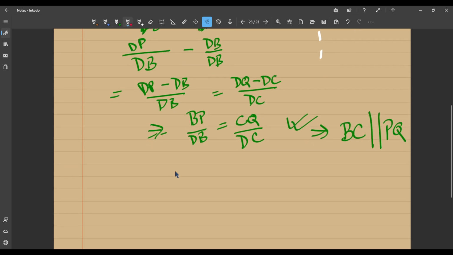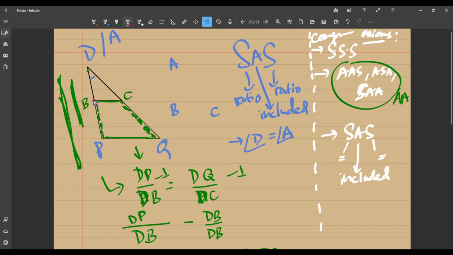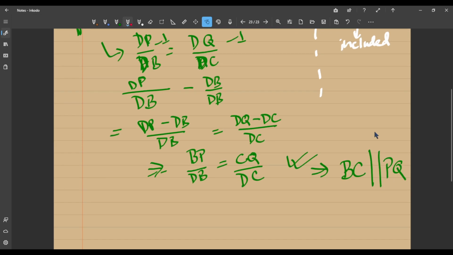And what does this imply? Because it's a parallel line and this line PB is acting as a transversal, this angle will be equal to this angle and this angle will be equal to this angle. The lines are parallel, so the slopes will be the same. So I'll write angle B is equal to angle P.